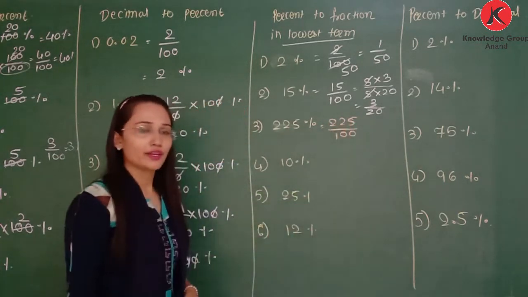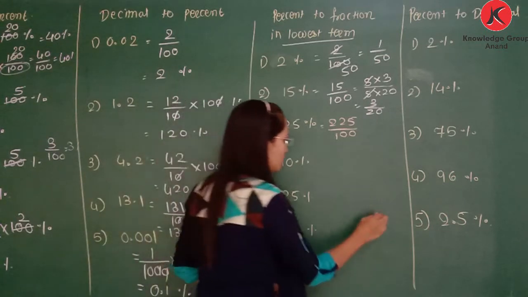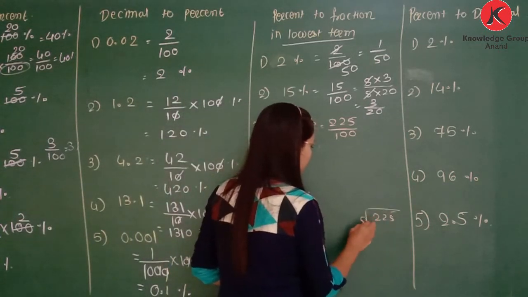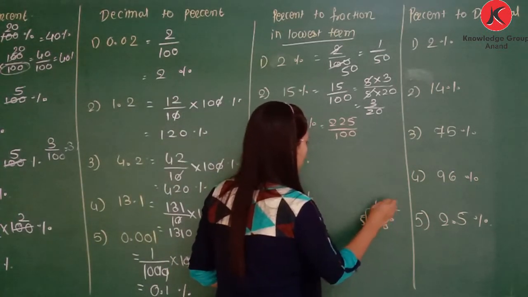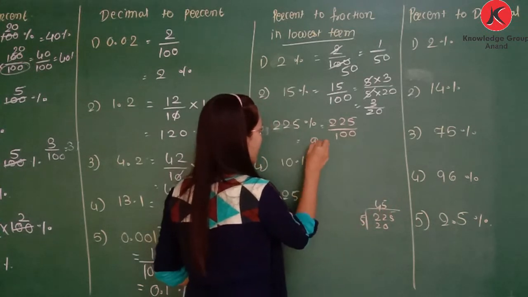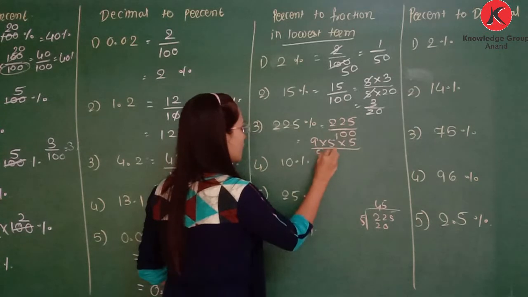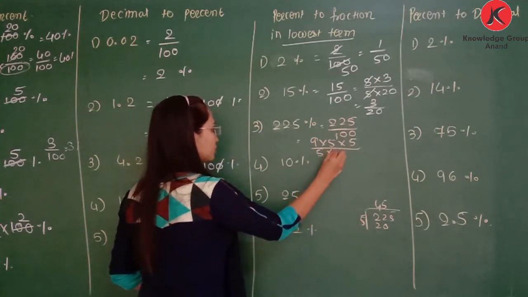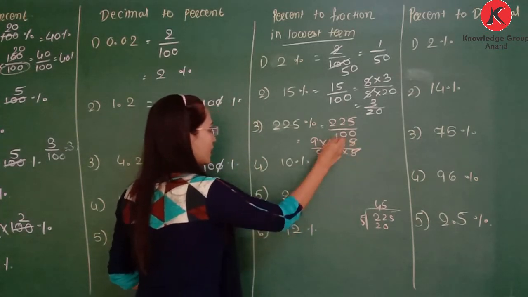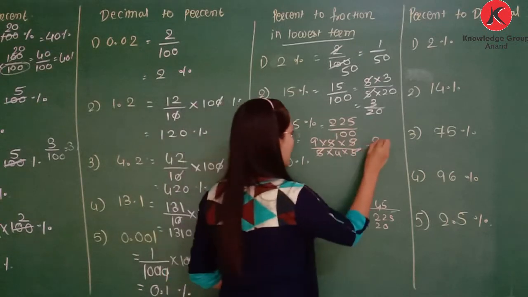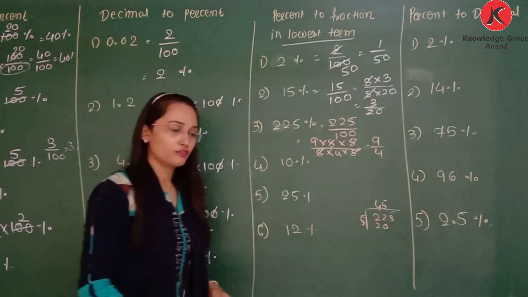Now find the factors of 225: 9 multiplied by 5 multiplied by 5, and for 100 the factors include 5. So we can cut 25. So it is 9 by 4 as a fraction.